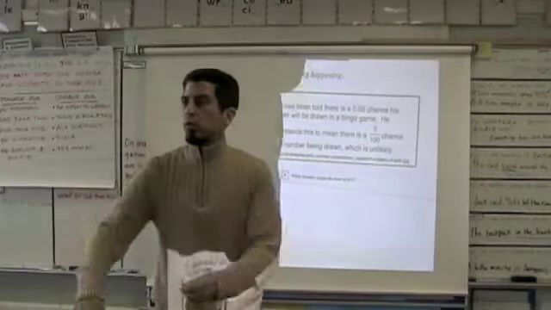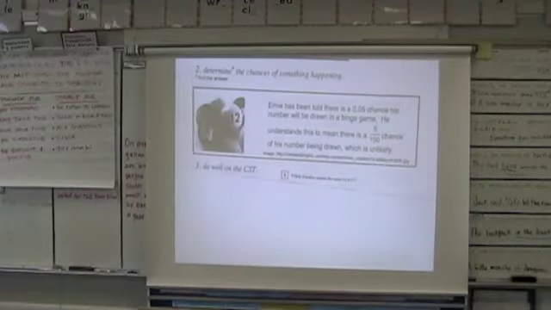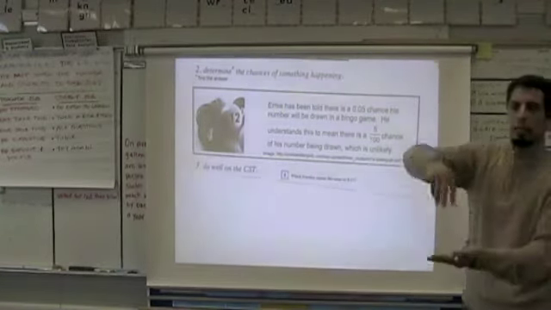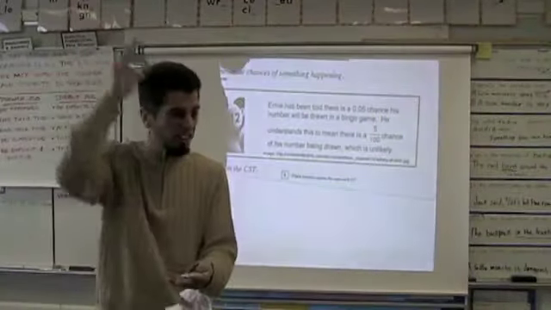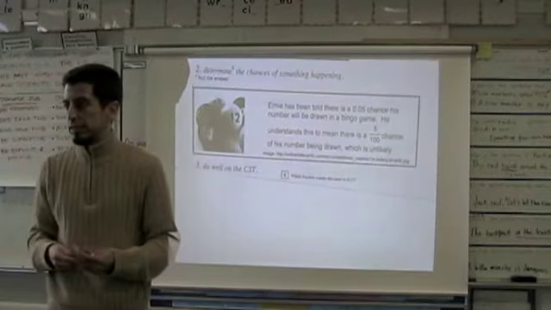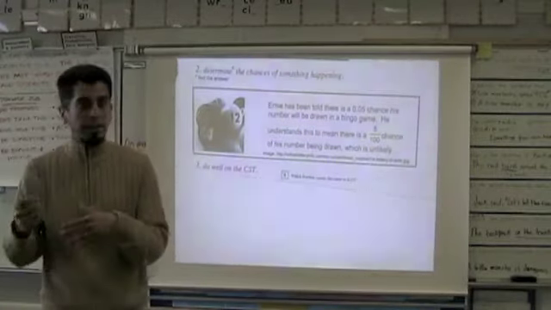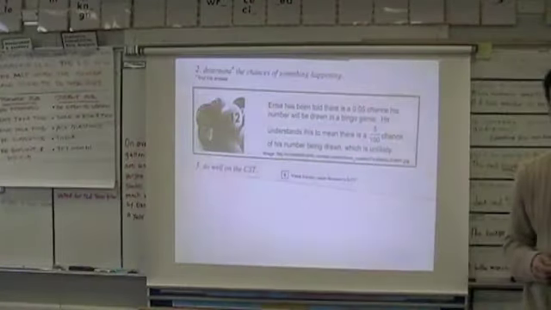So if I drew 100 tickets out of this bucket for his bingo game, only 5 of those would give him a chance. That means 95 other chances, other people would win. So 5/100ths isn't a very good chance.